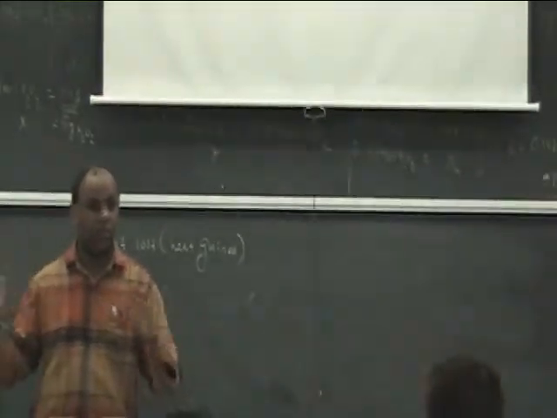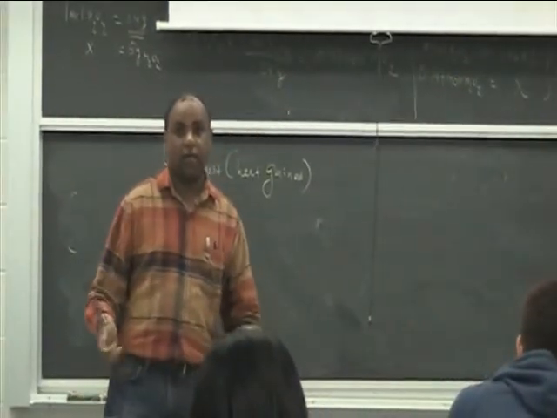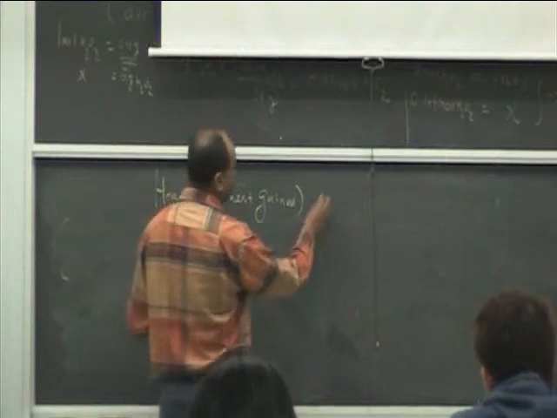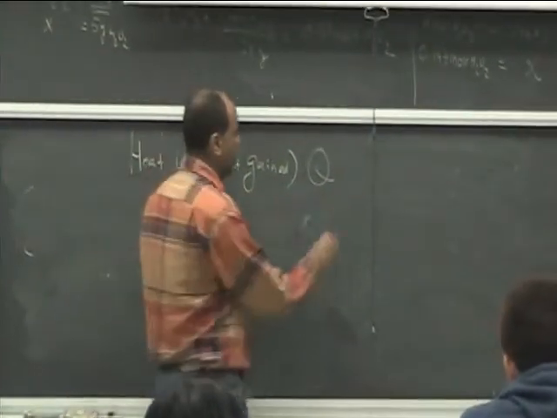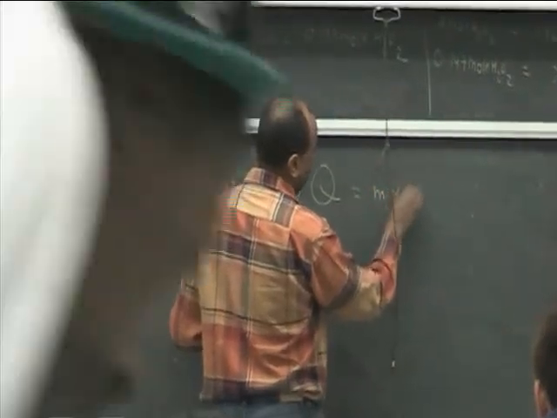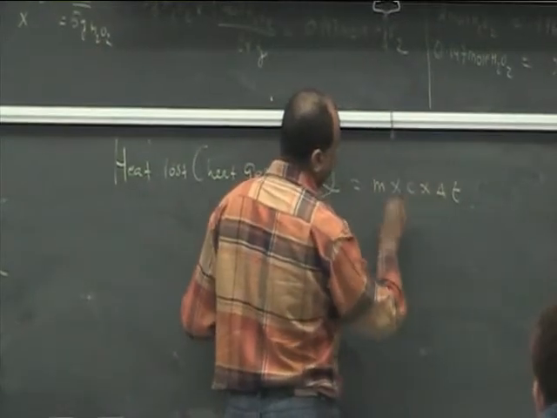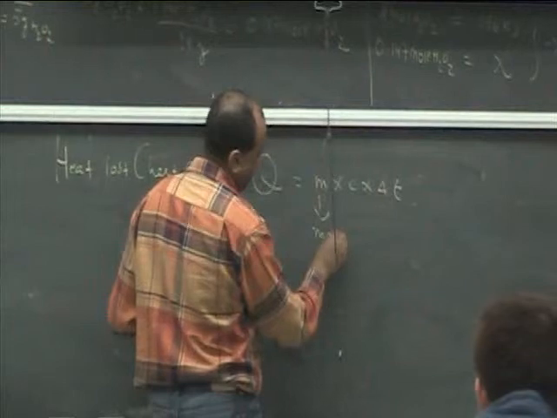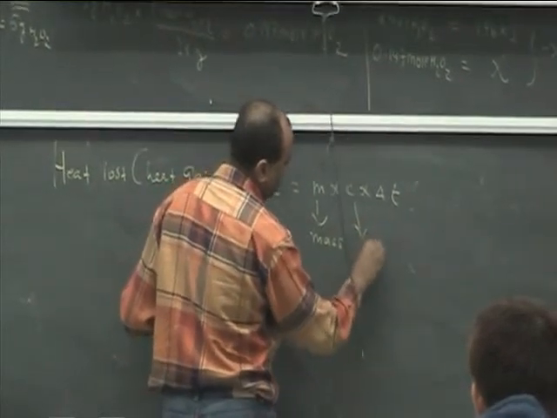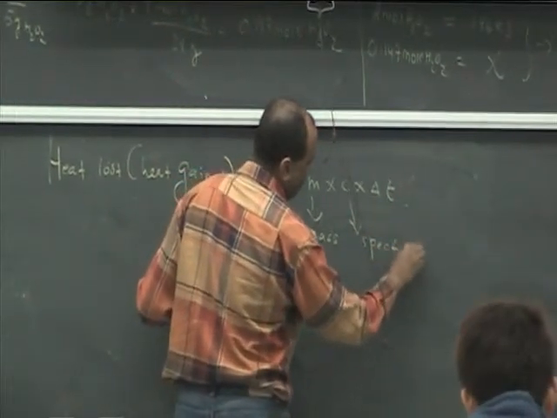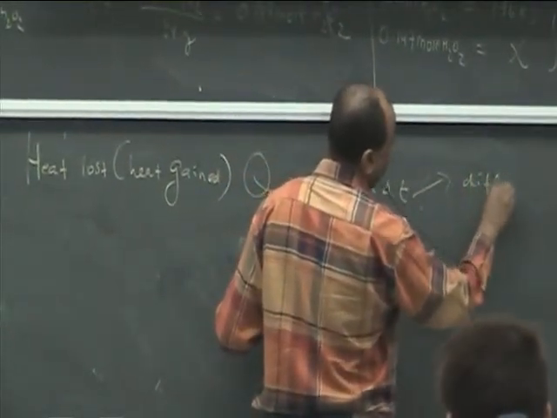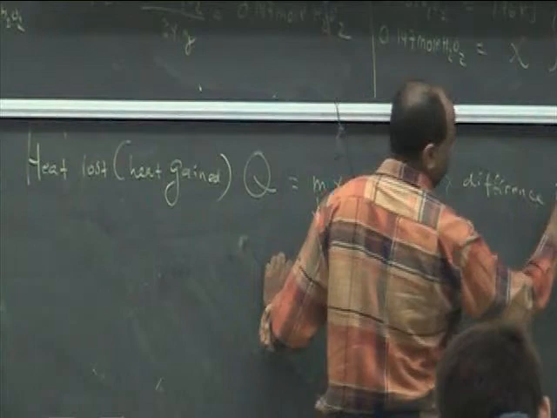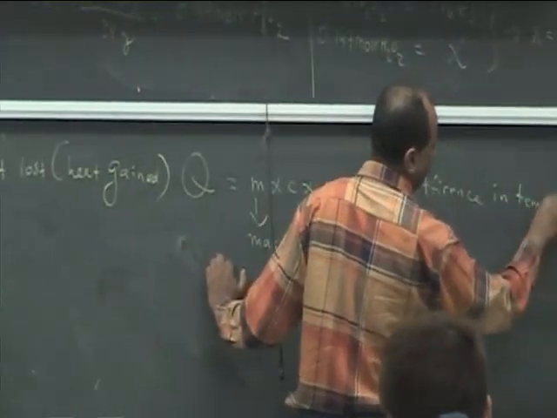So the process is vice versa. Most literature prefers Q equals m times c times delta T, where m refers to mass, c refers to specific heat, and delta T refers to the difference in temperature.